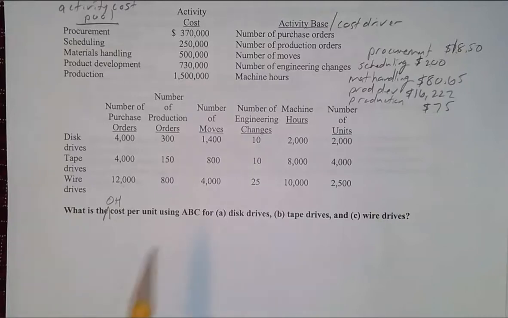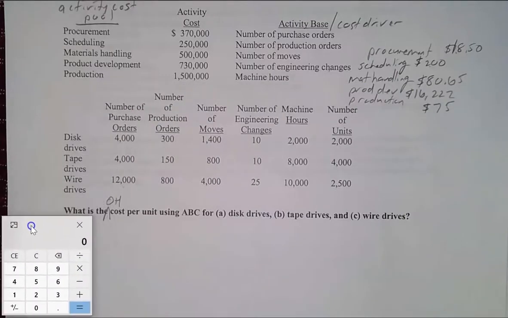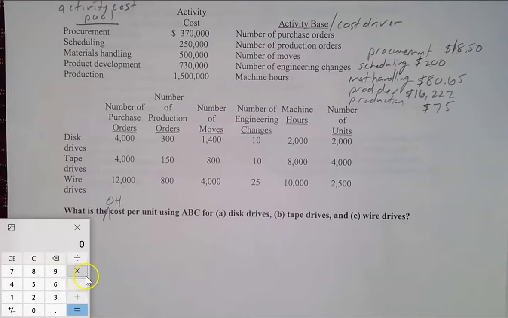So the first item that they're going to ask us for are disk drives. Okay, and so we're definitely going to need our calculator, and I'll be moving this calculator around quite a bit. So what we would say is, here are our disk drives right here, and we had 4,000 purchase orders. So 4,000 purchase orders times our $18.50 per purchase order equals $74,000.